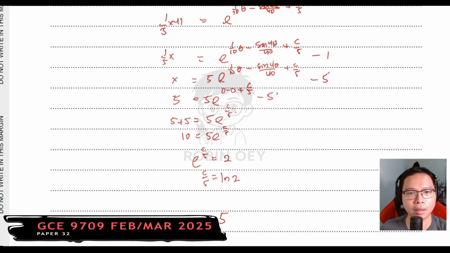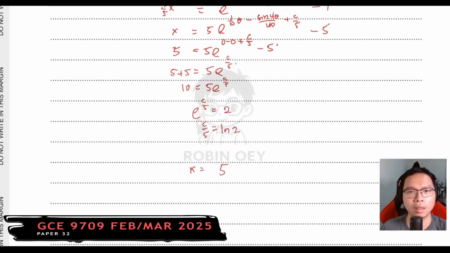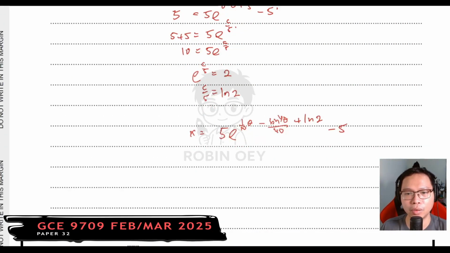So x equals 5e to the power of 1 over 10 theta minus sin 4 theta over 40 plus c over 5, which is ln 2, negative 5. Next, e to the power of ln 2 is 2.